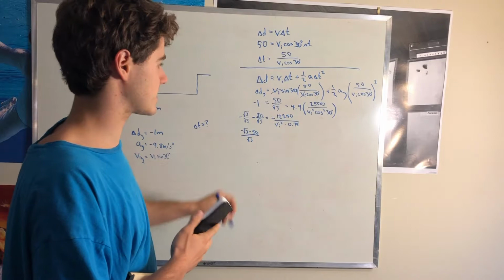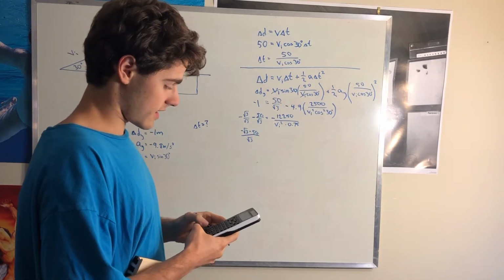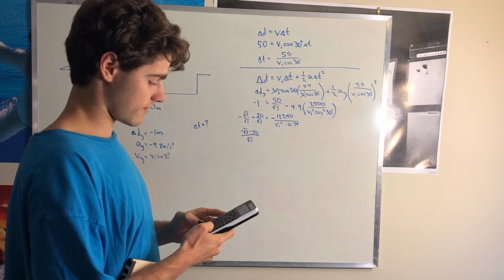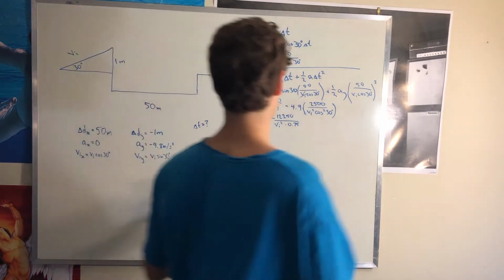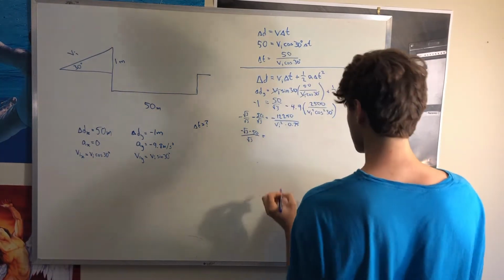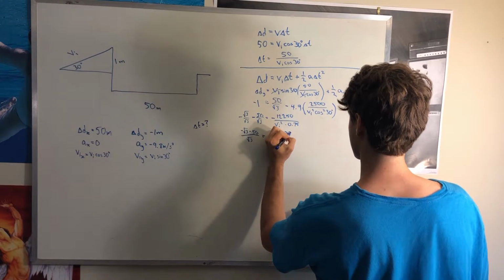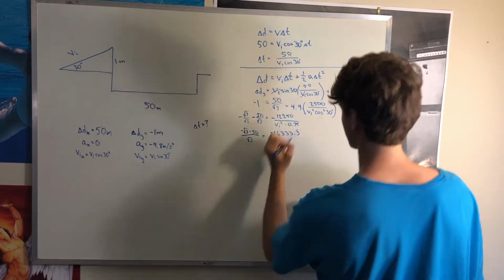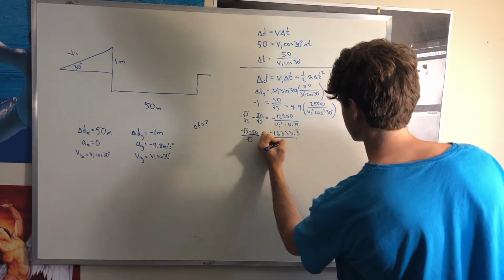Okay, so that's how we simplify that side. Also over here, we can divide negative 12,250 by 0.75 to simplify this section, and we get negative 16,333.3, which just goes on forever, okay? And that is over vi squared.